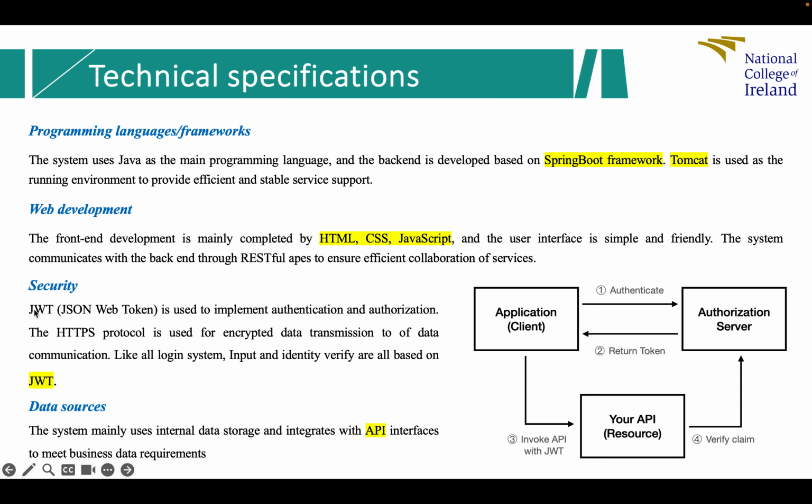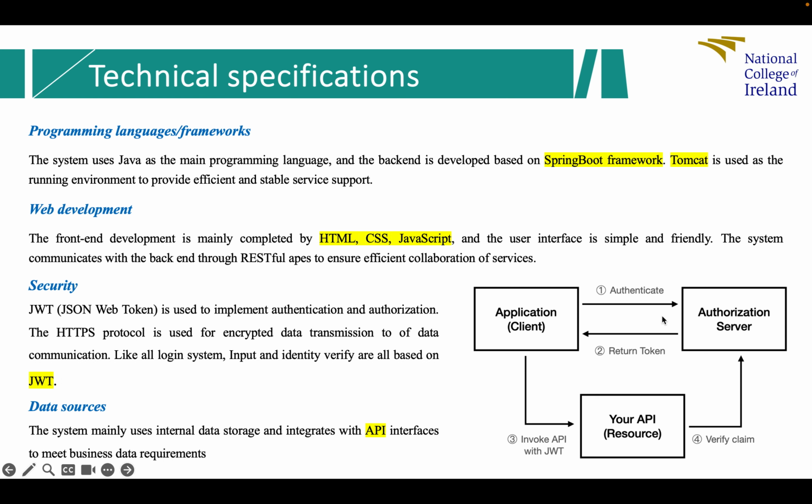And JWT security is something I had to learn, and it's interesting. API is an interesting thing too. API stands for application programming interface. You send A to B, so one offers the input and the other one receives it.